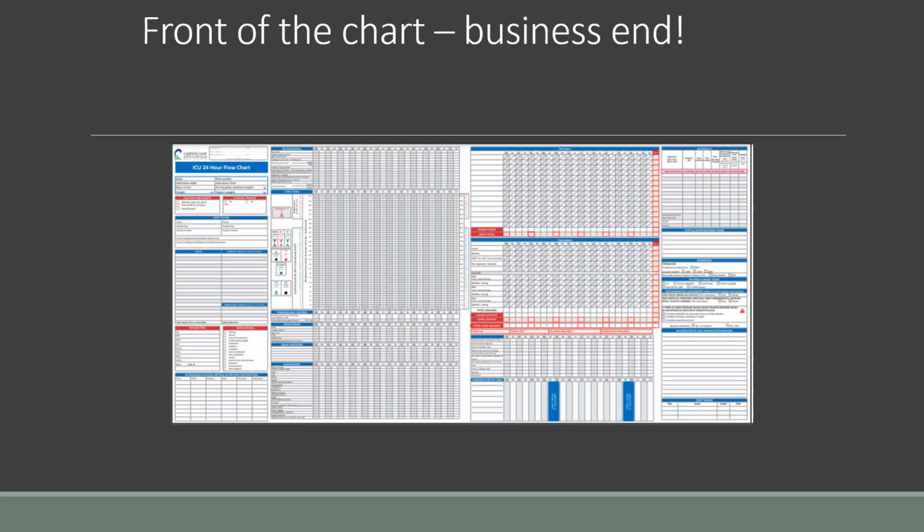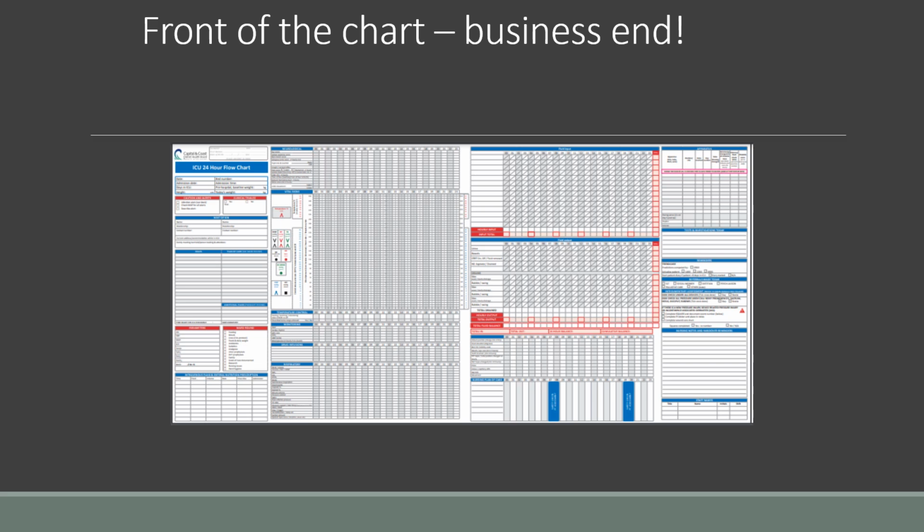Now, the other thing I want to make mention of is that when the ward round come to review your patient, they won't be looking at your progress notes, they just won't. So I would get into the habit of writing every little thing down that needs to be documented and that you think the team needs to be aware of on this chart.